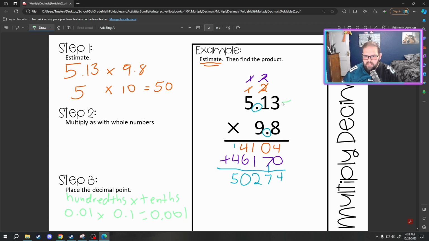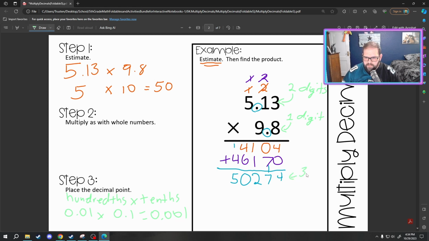The way we can look at that here is we have 2 digits and 1 digit, so 2 plus 1 gives us 3.